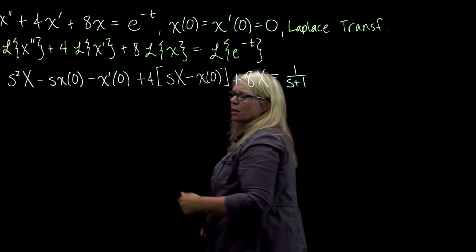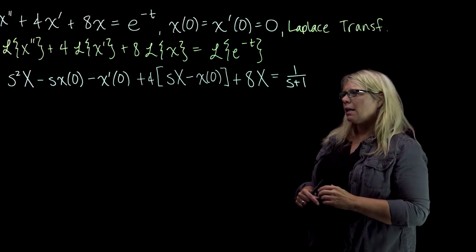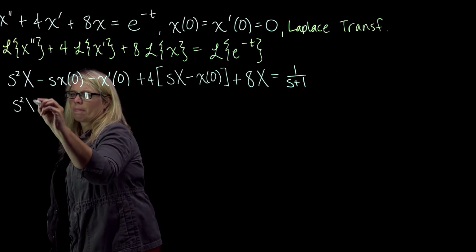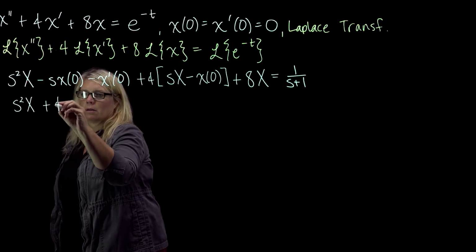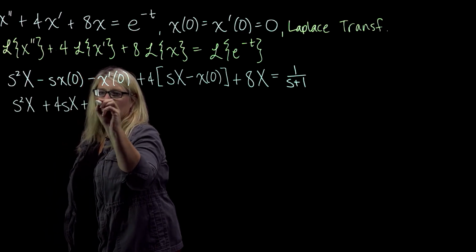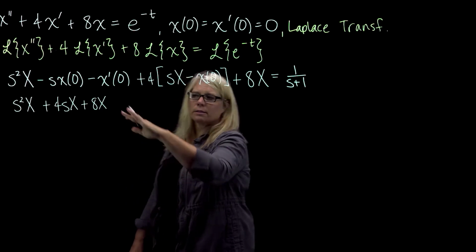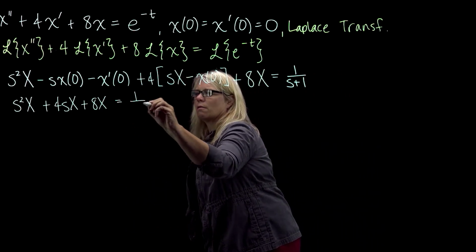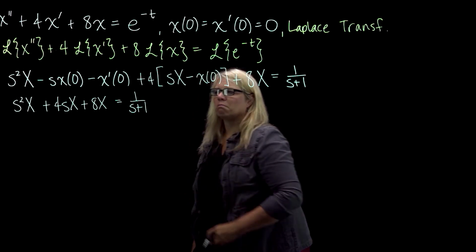So we've got a bunch of terms that drop out on the left side. Let me go ahead and write that down. All right, so that's all I'll have left on the left side, and then equals 1 over s plus 1.